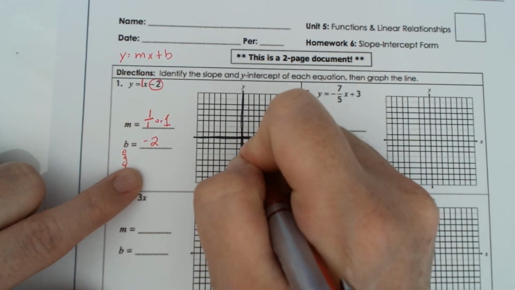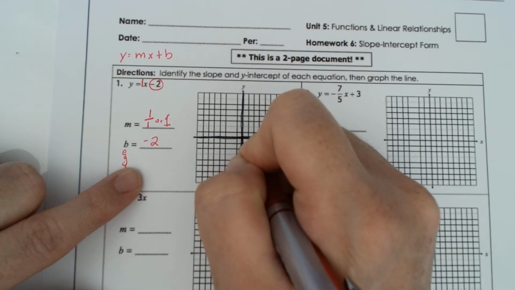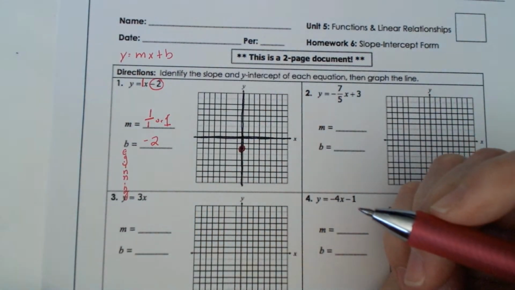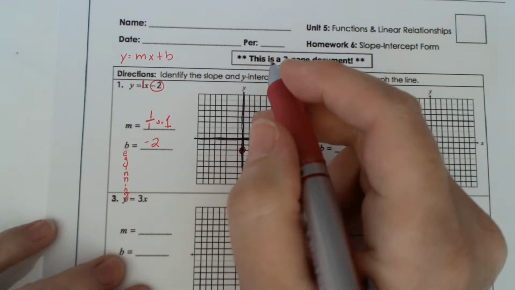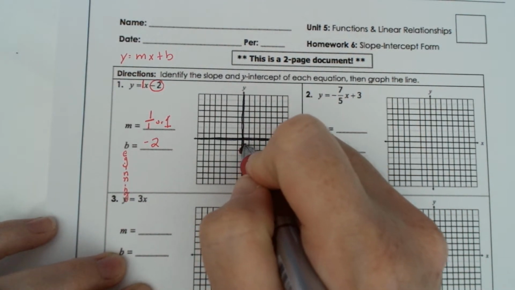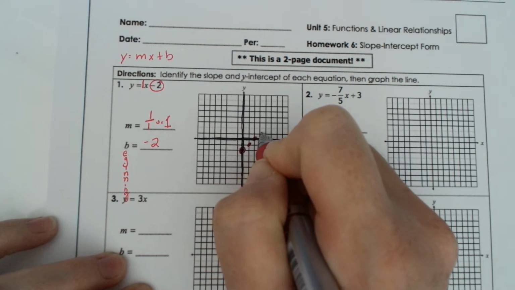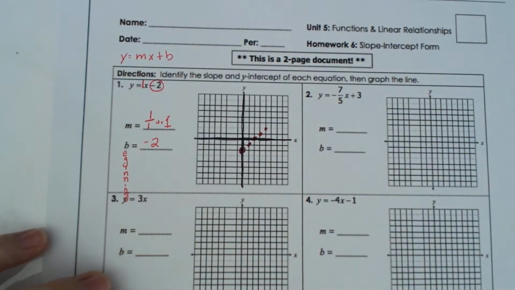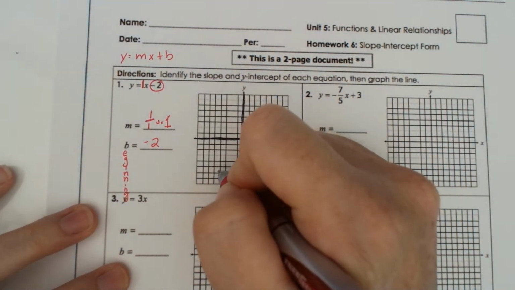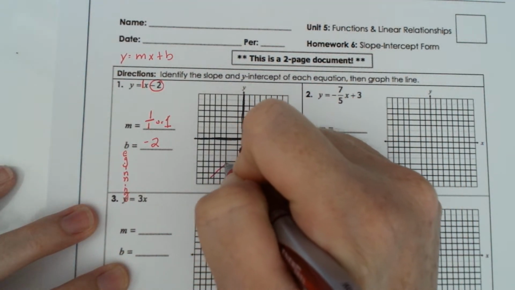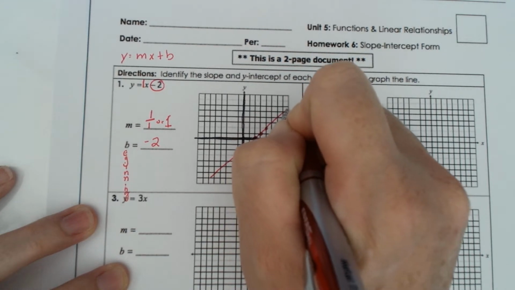So right here is my beginning point. And then my slope is 1, or 1 over 1. So I'm going to go up 1, over 1. And I can continue doing this for a little bit to kind of map out a line if I want to. And then I can use a straight edge, or I can just use my pencil and freehand it and draw my line.